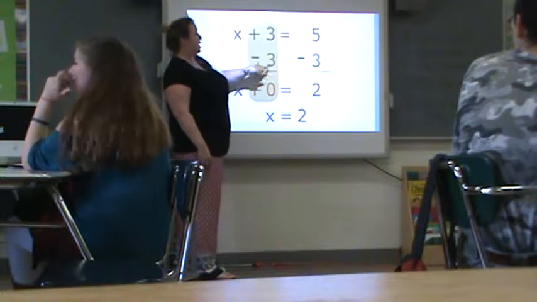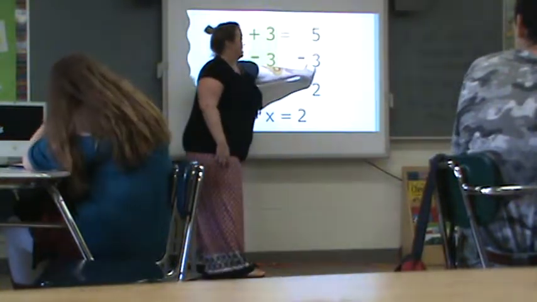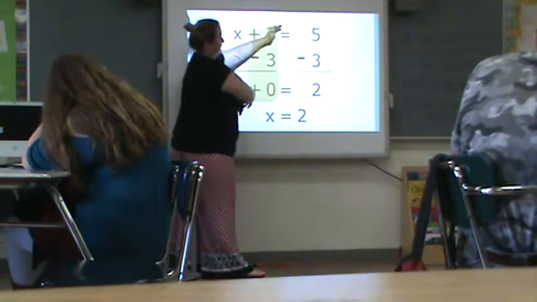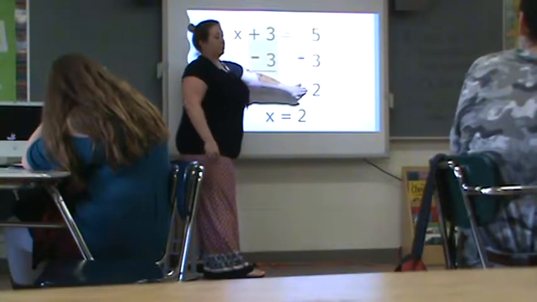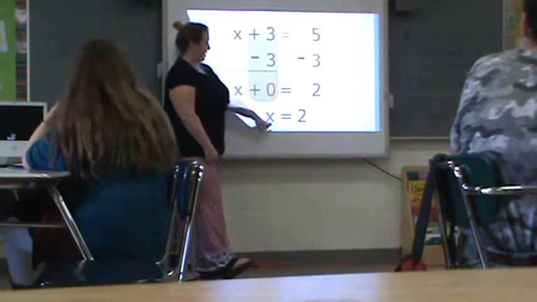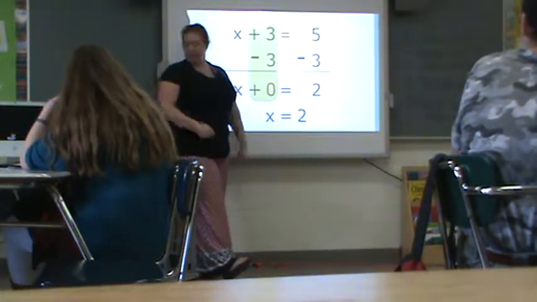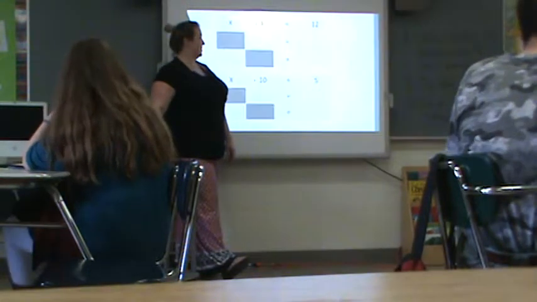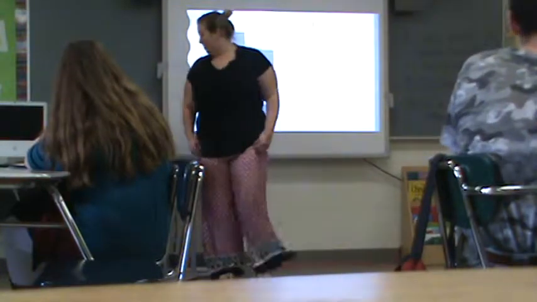Subtract 3. And then we need to do it to what? The other side. So that cancels out that, and all we have on this side is x left. And then you have 5 minus 3, which is 2, and since that canceled that whole number out, all we have left is x equals 2. Do y'all get it? Okay, so let's do some. Let me get my marker.